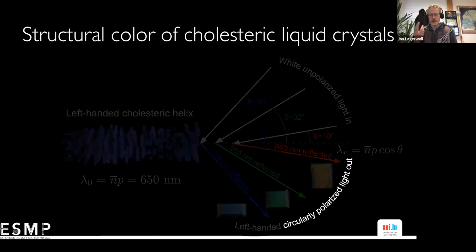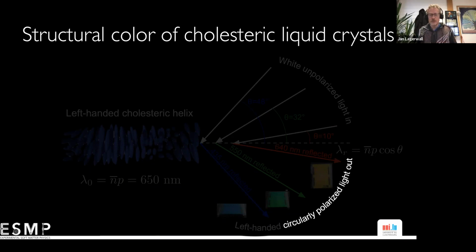And in addition, which is very important for the applications I'm going to tell you about, the helical structure polarizes the light. Even if it's unpolarized light coming in, the reflected light is circularly polarized with the same handedness as the helix. So if it's a right-handed helix, then you have right-handed circular polarization being reflected.